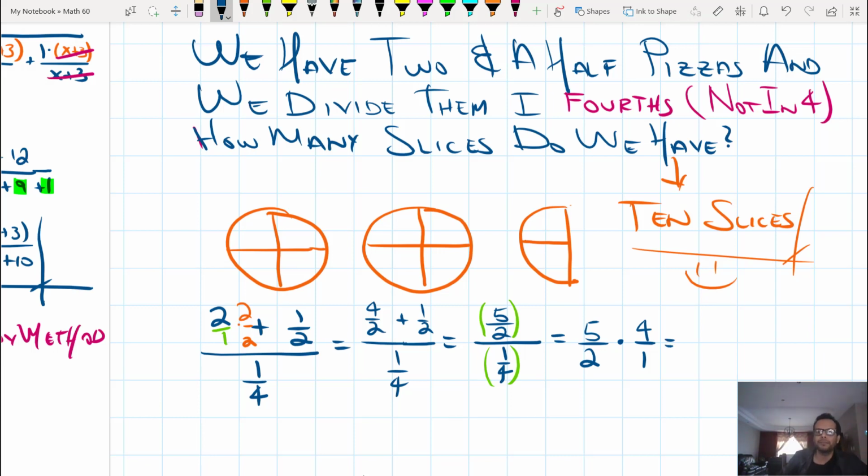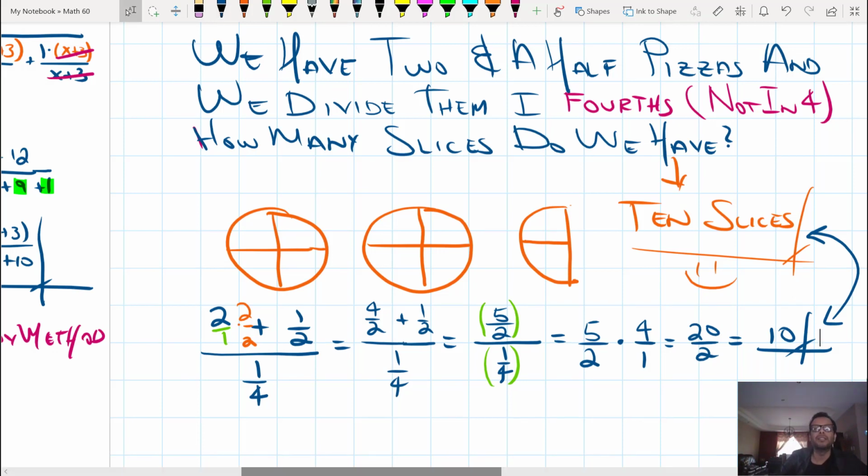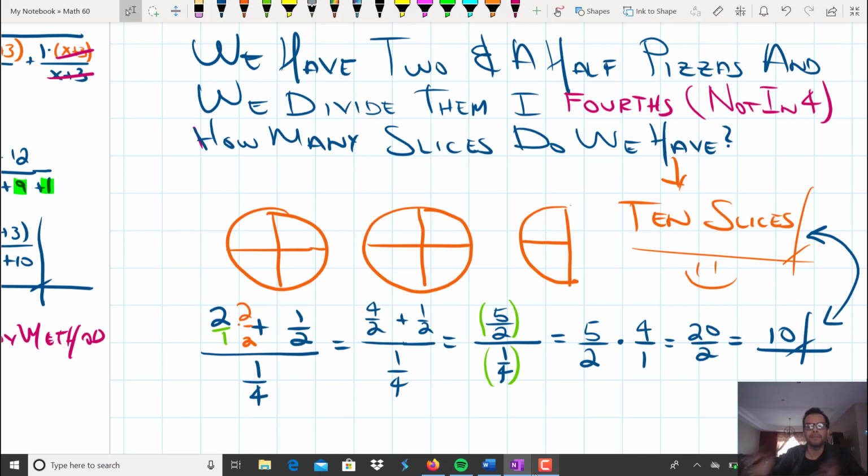In this case, 5 times 4, that's 20, divided by 2, and surprise, surprise, 10 slices. I think this is a very cool and fun application to real life. Thinking about pizzas, something I guess we all like. Who doesn't like pizza?